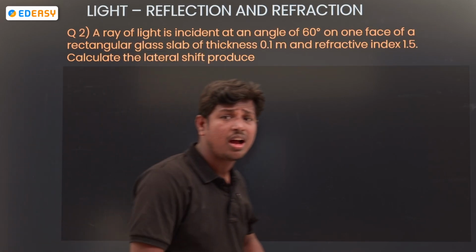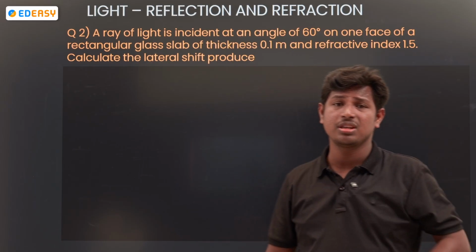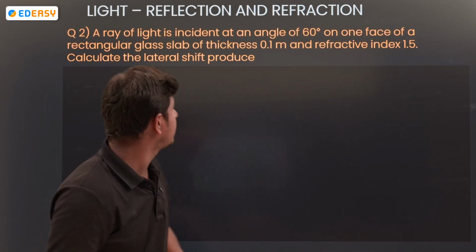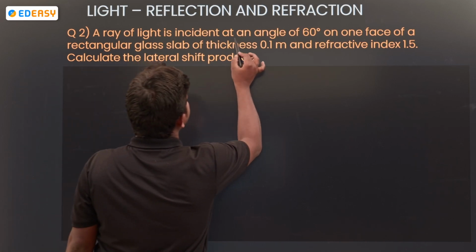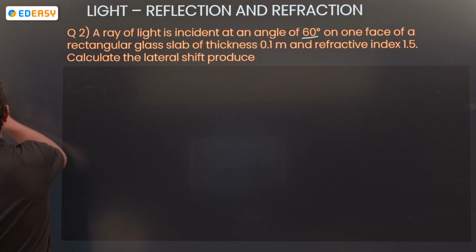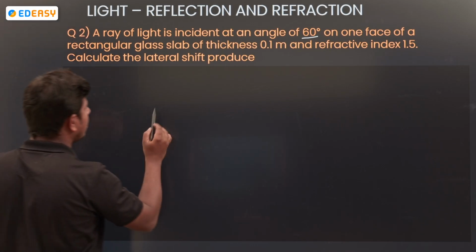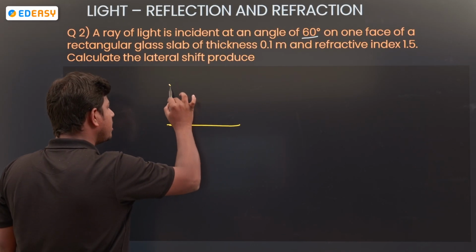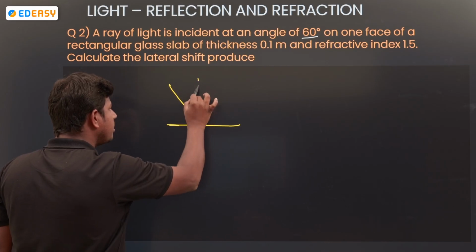Next, write the given information for this question. A ray of light is incident at an angle of 60 degrees. Let us take the incident angle. How much will it be?